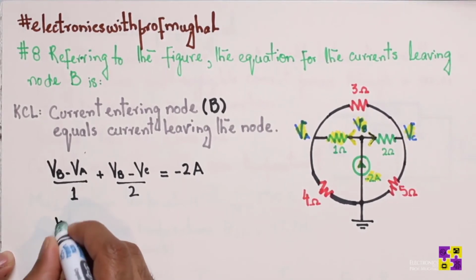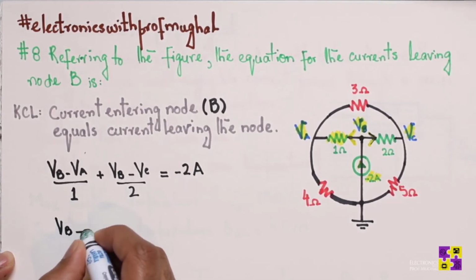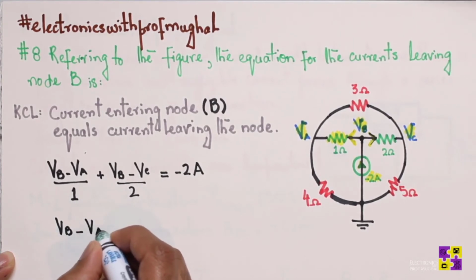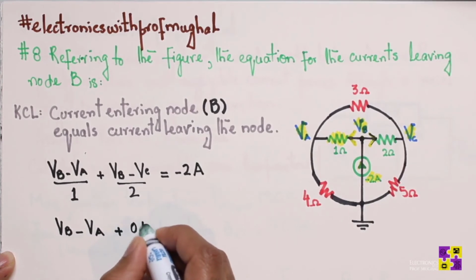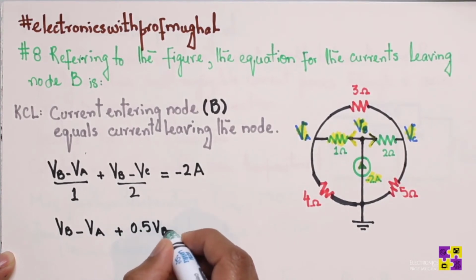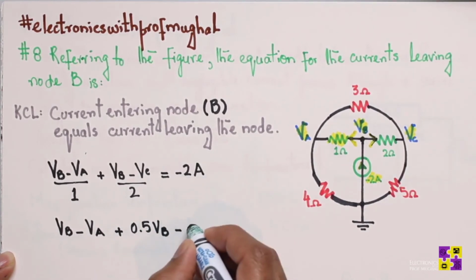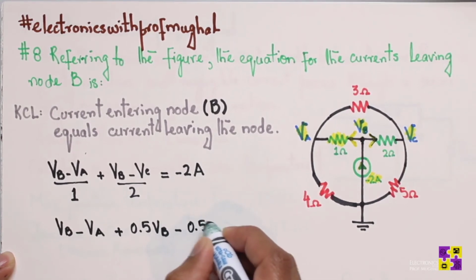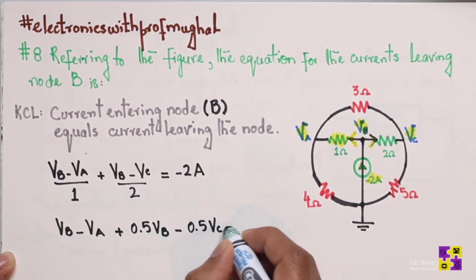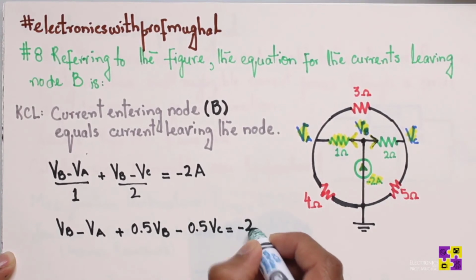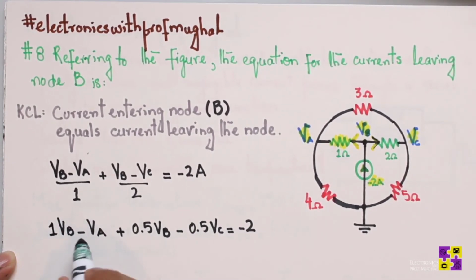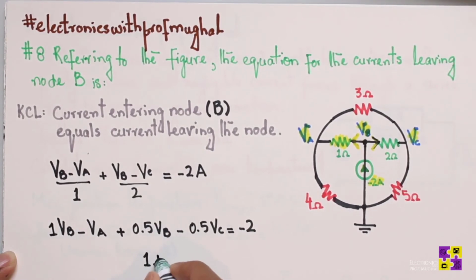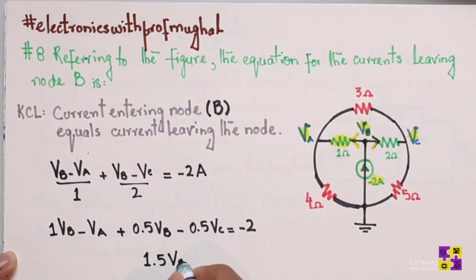So VB minus VA plus 0.5 VB minus 0.5 VC equals negative 2, correct? Now 1 VB plus 0.5 VB makes 1.5 VB, correct?